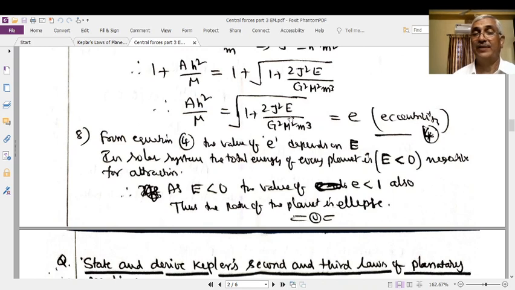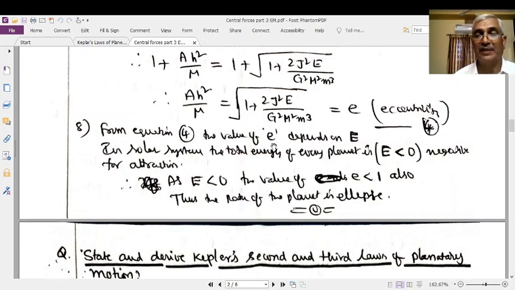What is the total energy? Total energy of the planet is negative, so you will get the negative symbol here. Therefore, small e is less than 1.